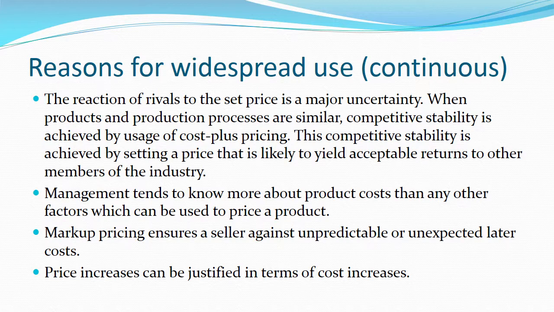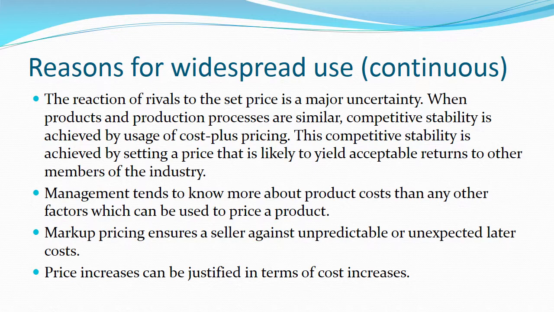The next one is, the reaction of rivals to the set price is a major uncertainty. When products and production processes are similar, competitive stability is achieved by usage of cost plus pricing. This competitive stability is achieved by setting a price that is likely to yield acceptable returns to other members of the industry.